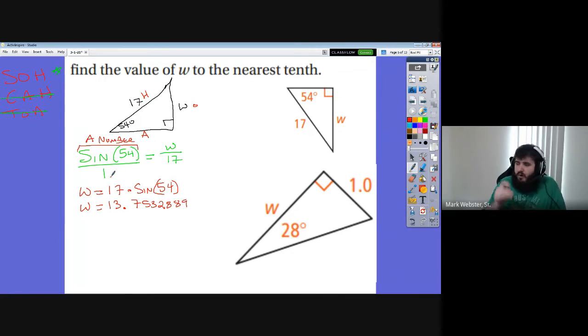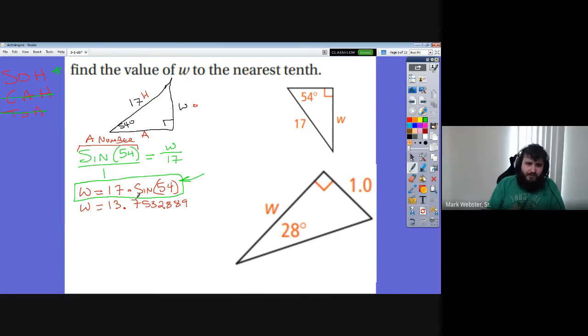And one other thing I want to say is it's important that you take a step and actually physically write this out, especially when we're starting out, because when it gets to the point where I'm physically grading you by hand, if this answer is not right and I don't see this, because maybe you accidentally typed something wrong in the calculator, right?